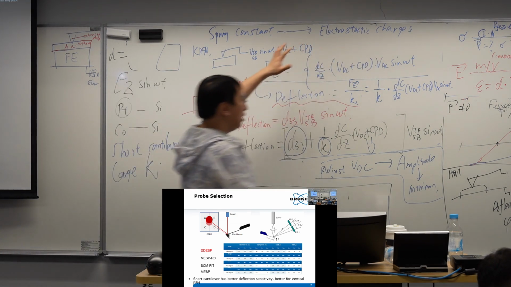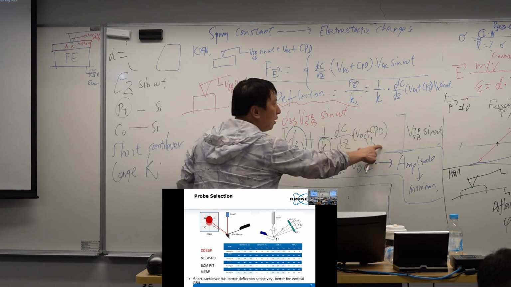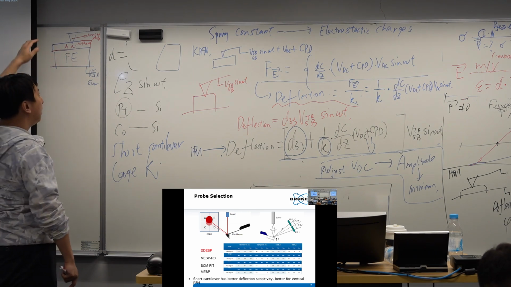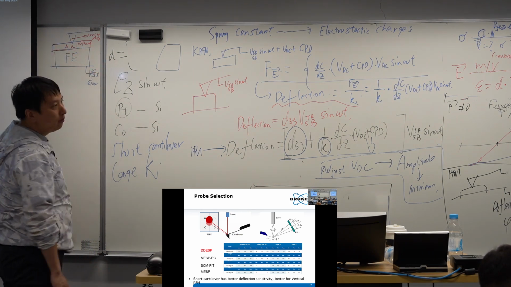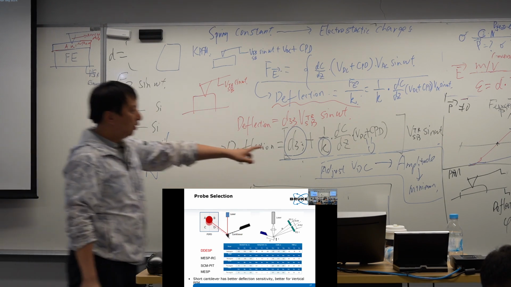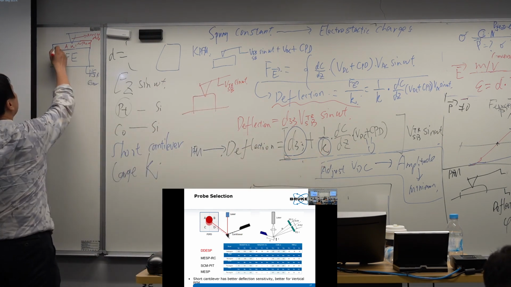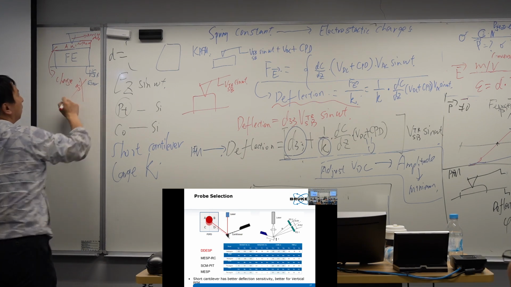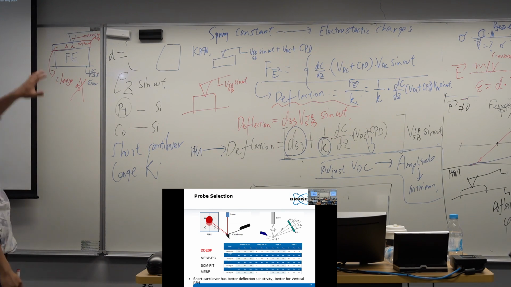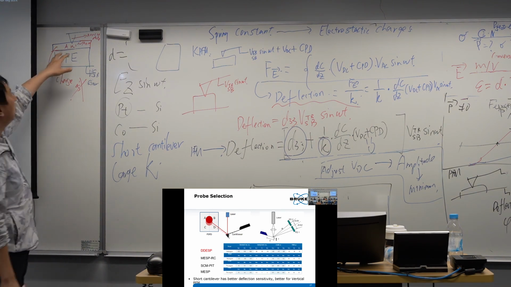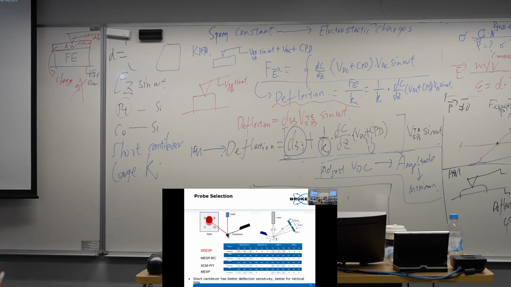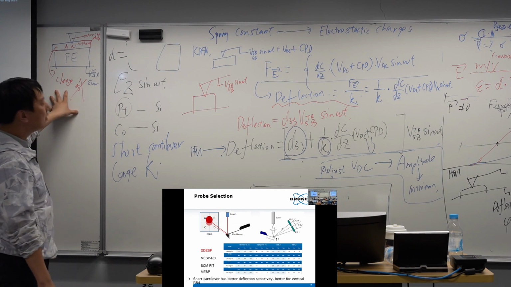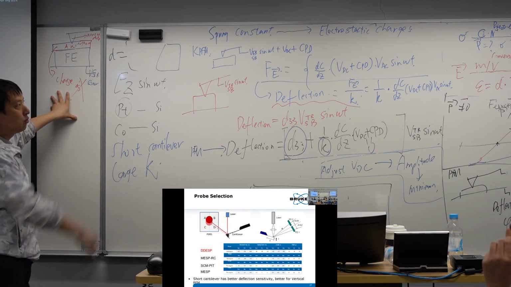Once we add the top electrode, a conductive layer on the ferroelectric, the electrostatic charge is gone, because no matter how you apply voltage on the gold, it's shielded. So that's a way to completely reduce the effect of electrostatic charges.